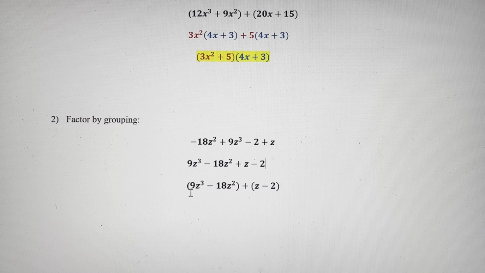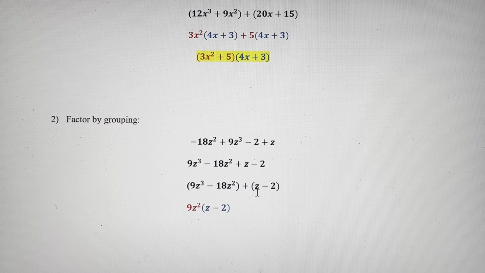So the greatest common numerical factor is going to be 9, z cubed and z squared. So I can take out a GCF of 9z squared. What's going to be left in parentheses is what I get when I divide these 2 terms by that GCF. So 9z cubed divided by 9z squared is just going to be z. Negative 18z squared divided by positive 9z squared is going to be negative 2.